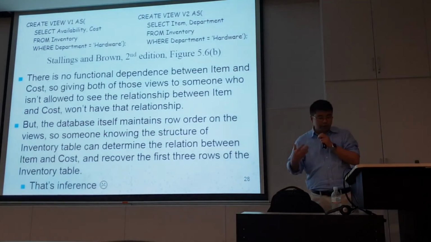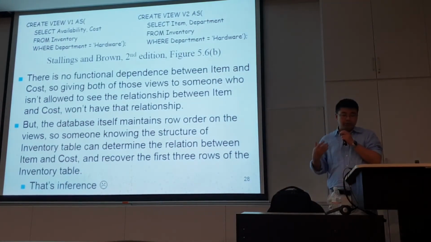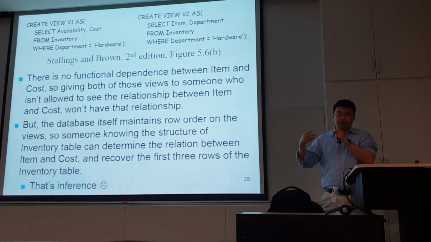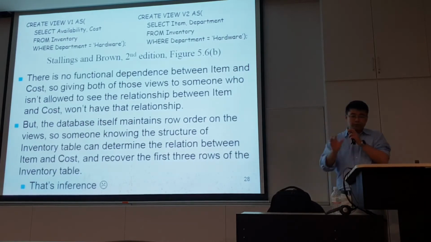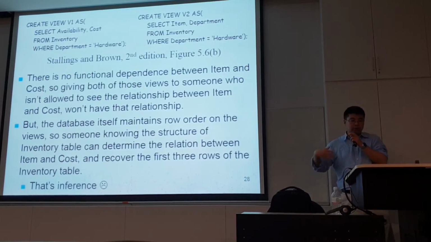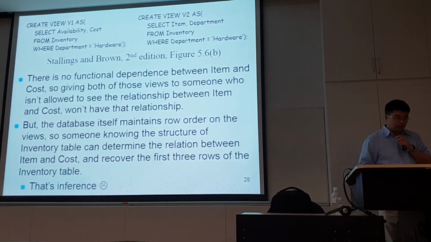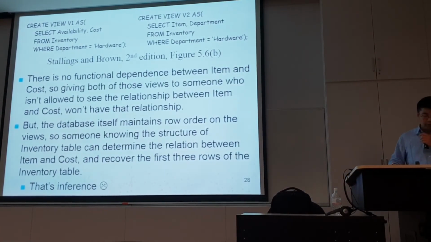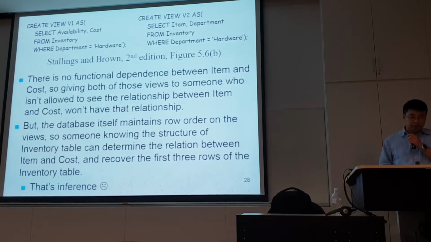Of course, another way that can somehow address this problem is, for the two views, maybe you swap the order of the records. So in this case, although you can see the individual items in the two views, you cannot link them, because the records are stored in different orders, right?